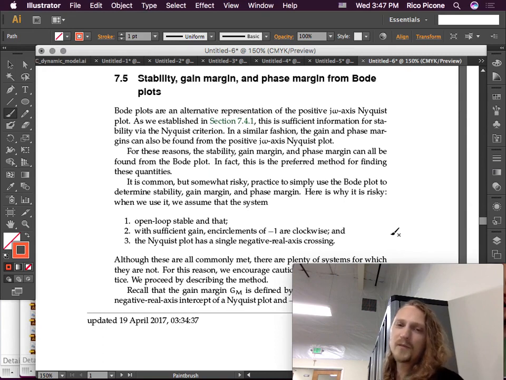When we use it, we assume that the system, one, is open loop stable, two, with sufficient gain, encirclements of -1 are clockwise, which may not be true, and three, the Nyquist plot has a single negative real axis crossing, which is also not always respected.